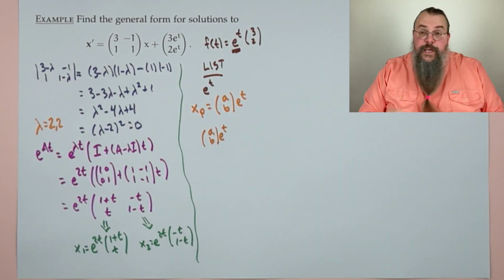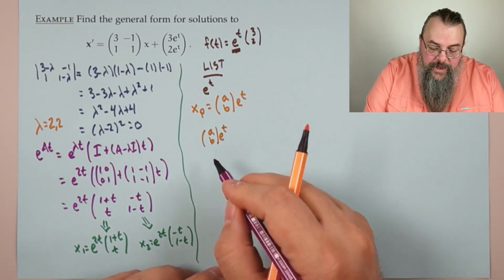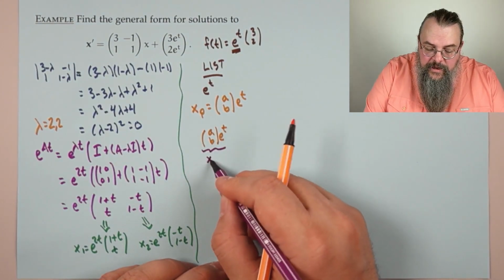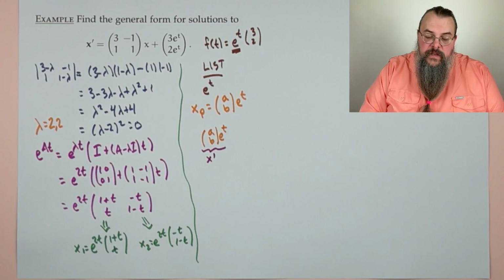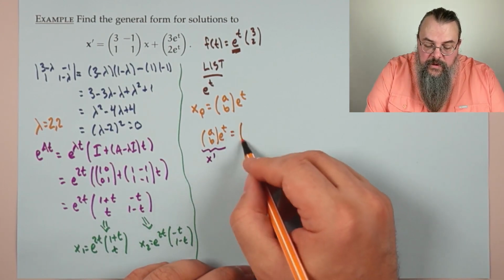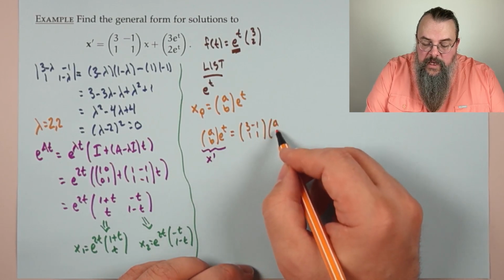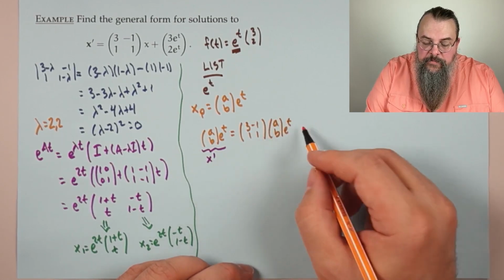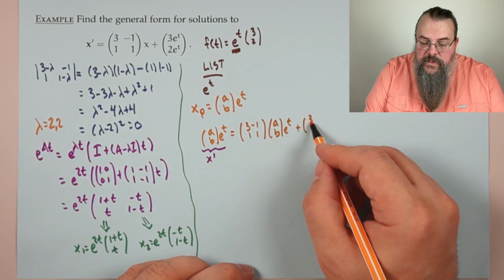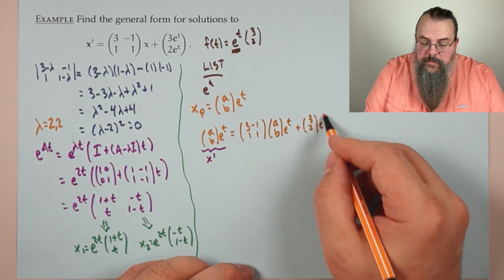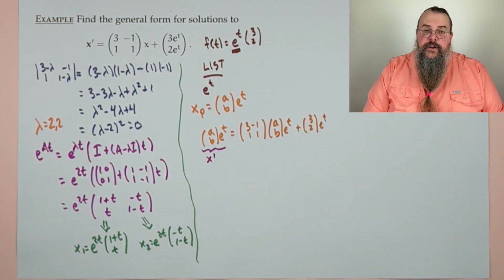Keeping track of what we're doing, this part right here is our x prime. So this should be equal to the matrix [3, -1; 1, 1] times [a, b] e to the t plus, of course, [3, 2], and I can pull that e to the t out of there.